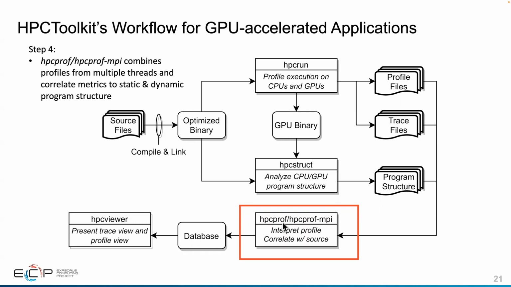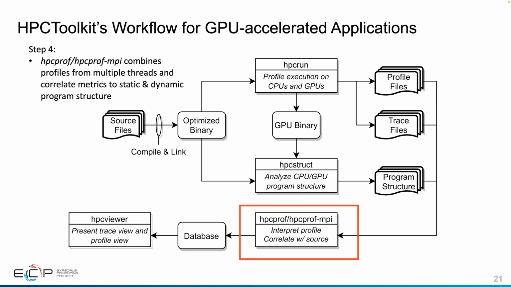And so HPCProf is a utility that you can run on a single node. HPCProf is highly multi-threaded, and so if you run it on a node that has, say, 128 hardware threads, it will probably use 127 hardware threads to analyze your performance data. And so this can analyze small to mid-scale experiments, hundreds of profiles.